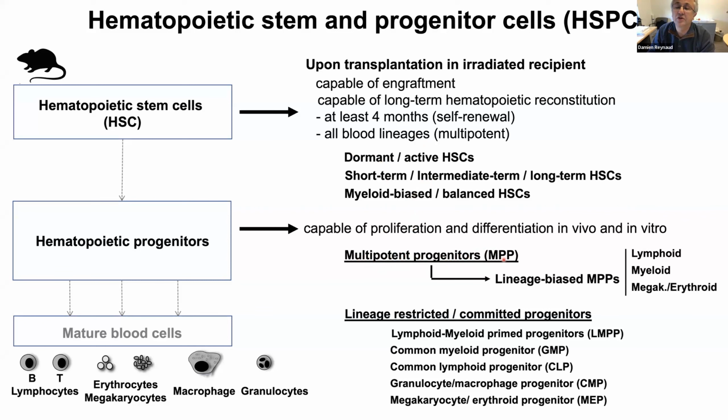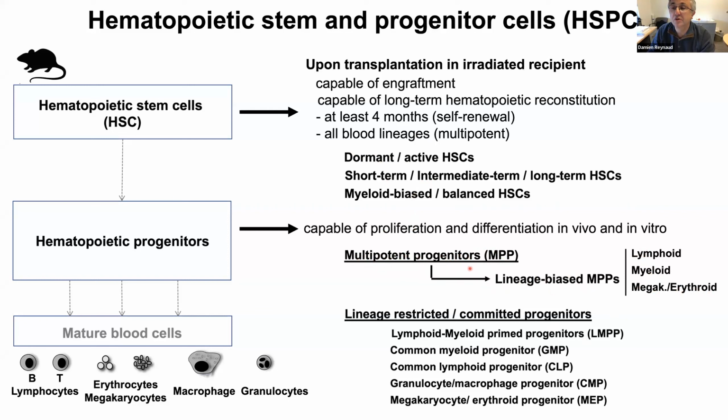The multipotency of the MPP has been challenged, and now you have a definition of lineage-biased MPP: MPPs which are multipotent but primed for specific lineages, toward the lymphoid, myeloid, megakaryocytic, and erythroid lineages.